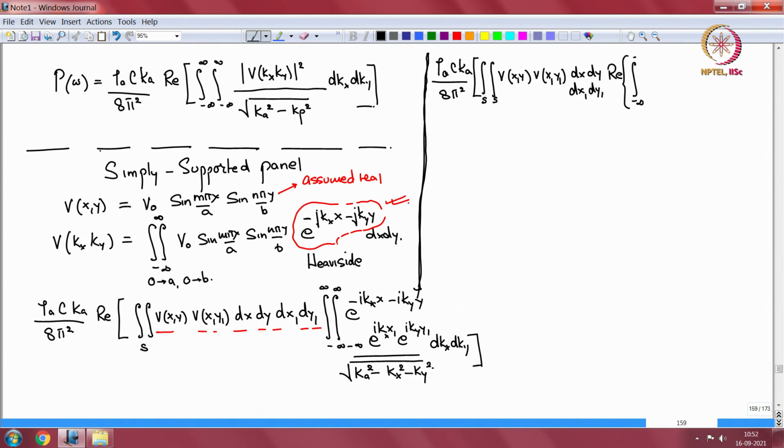Integral minus infinity to infinity, minus infinity to infinity, e to the power minus i kx x minus i ky y plus i kx x1 plus i ky y1, divided by the square root of k a squared minus k p squared, dkx dky, where k p squared is kx squared plus ky squared.